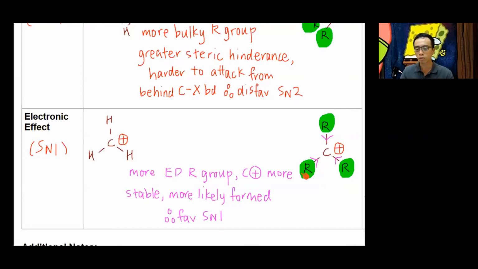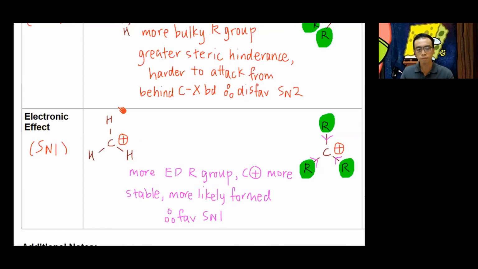And of course, the more R groups we have, the more stable it will be, correct? If I consider these two species, if I have more R groups, the C+ will be more stable and more likely to form. Therefore, it will favor the formation of my carbocation, and in turn, it will favor the SN1 mechanism. Compared to this methyl halide, the carbocation that we would form is not stabilized by anything, so it will be relatively less stable.